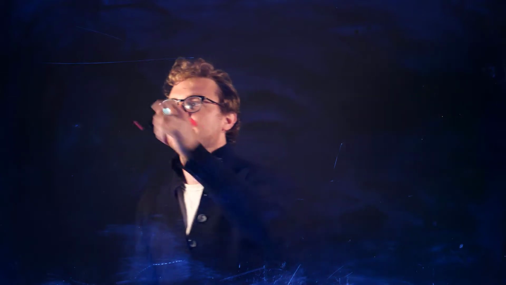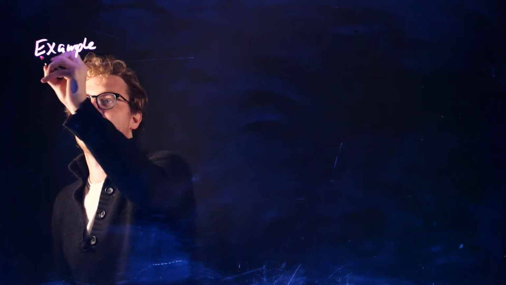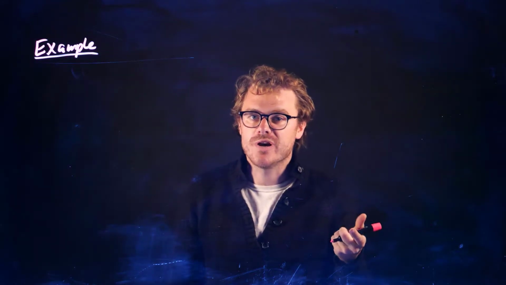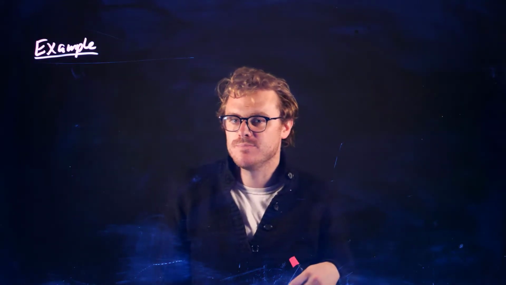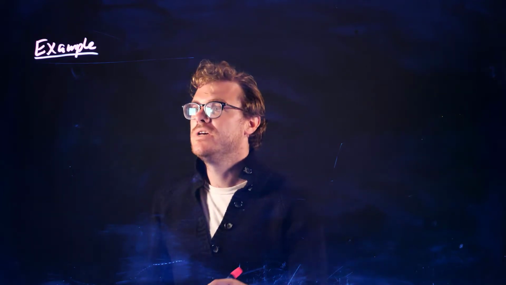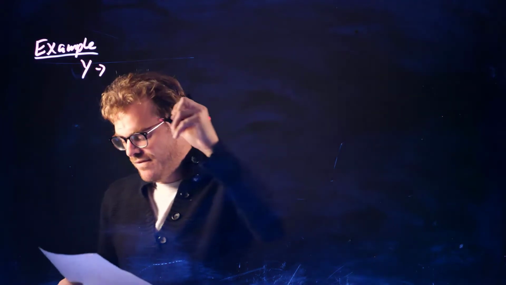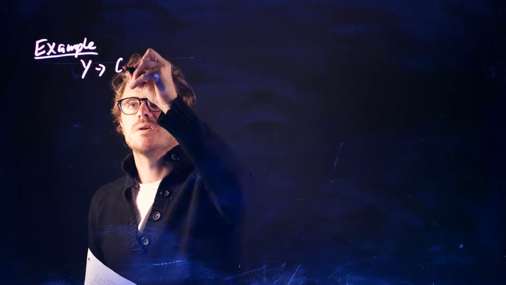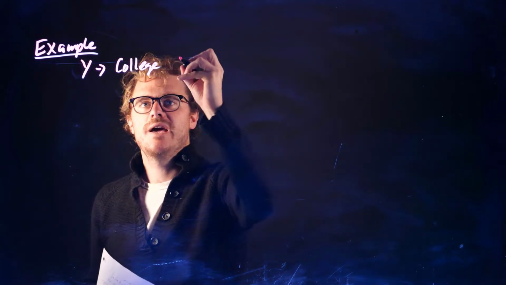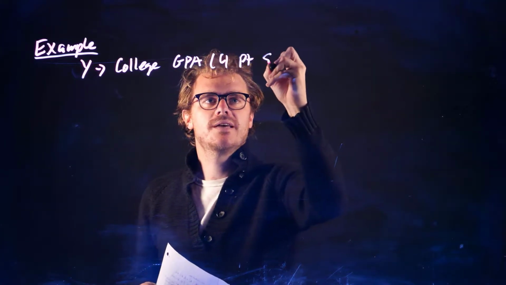So let's do a quick example of interpretation so we can see how to interpret things when we're given actual numbers. It's going to be very similar to what we saw in simple regression, but let's go through it to make sure we're all on the same page. Let's say, again, k equals 2, so we have two independent variables, and our dependent variable is college or university GPA, on a 4-point scale.